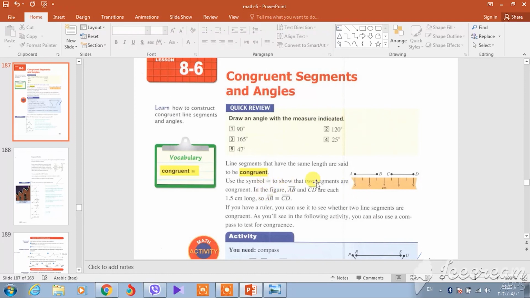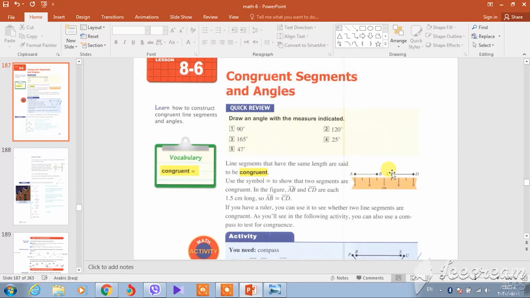Okay, if we look at line segment AB, you can use a protractor or a ruler, students. Here we use a ruler. Starting from 5 to 6 is 1 unit, and because we have a half, it means 1.5 centimeters. Line segment AB equals 1.5 centimeters.